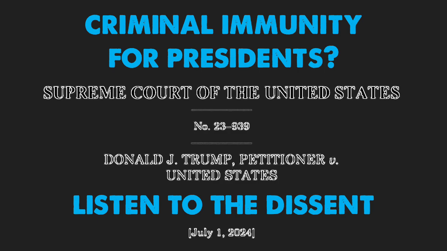Again, when asked about allegations that three private actors helped implement a plan to submit fraudulent slates of presidential electors to obstruct the certification proceeding, and Trump and a co-conspirator attorney directed that effort, Trump's counsel conceded the alleged conduct was private.